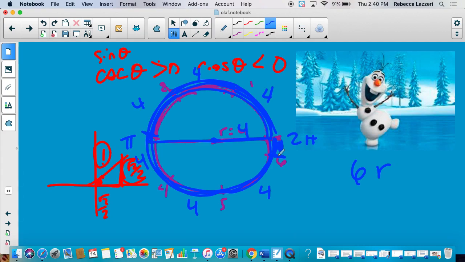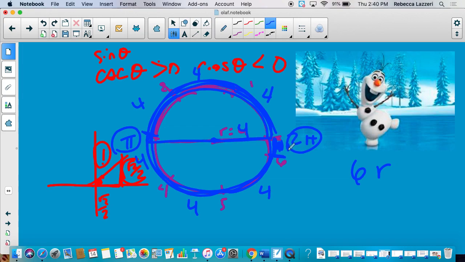Because I'd be through with my string and I'd have that little bit left. So if pi is 3.14, what is 2 pi? Pi is 3.14, what is 2 times that? 6.28. This is 6.28 of those strings going around my circle.